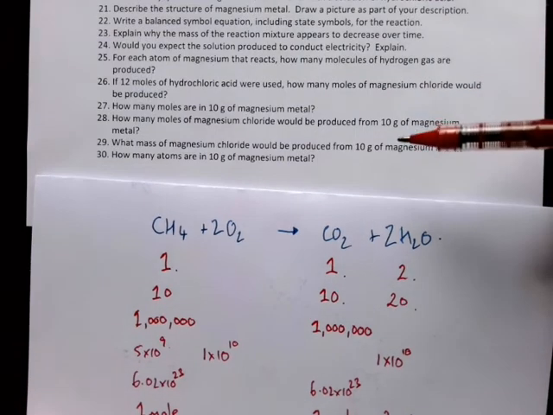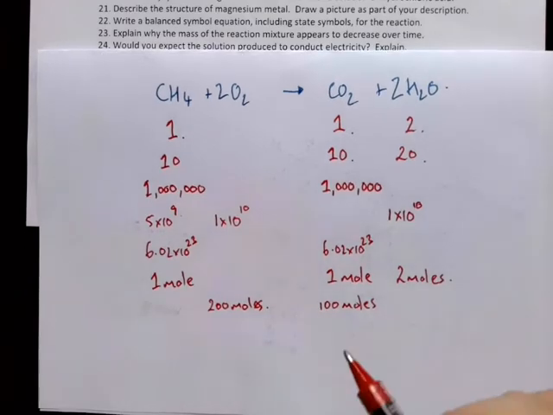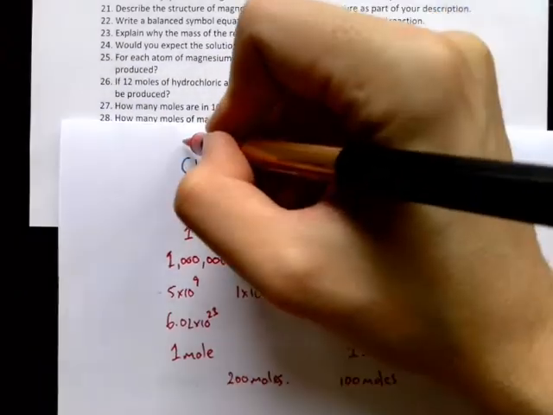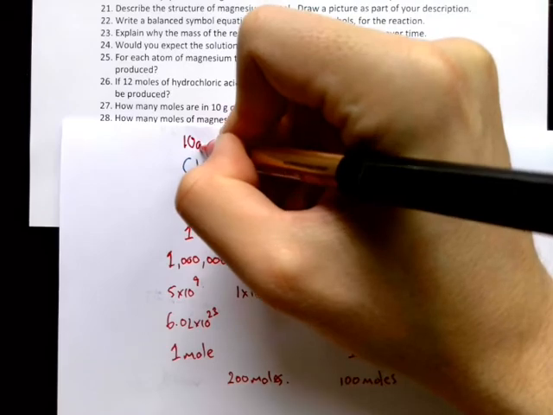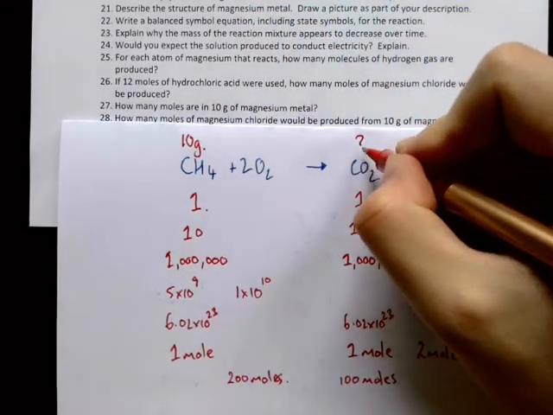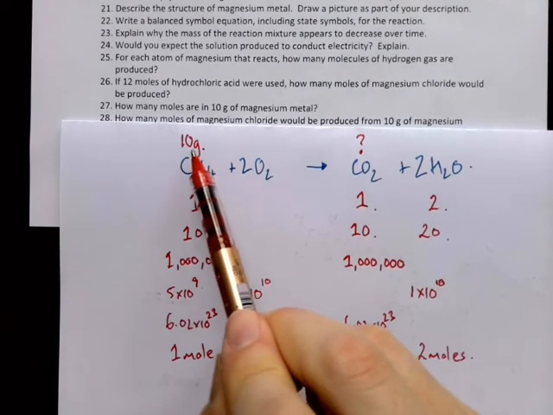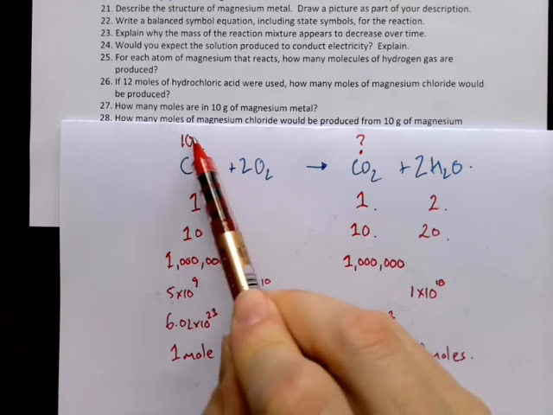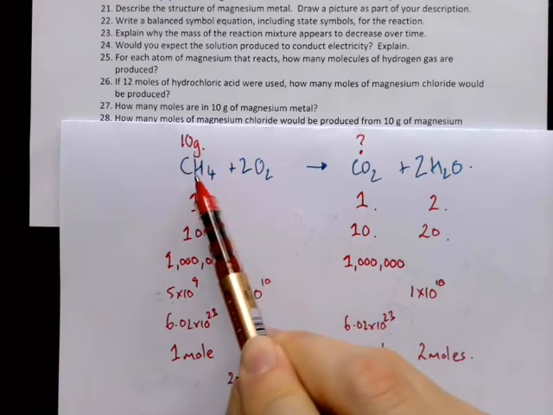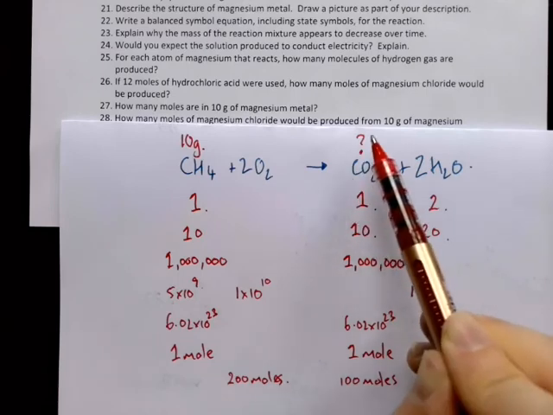All right. So don't worry about that too much. All I'm doing is I'm saying, well, let's say I start with 10 grams of methane. How many grams of carbon dioxide do I make? Well, all I need to do is work out how many moles there are in methane, and that will be the same number of moles in carbon dioxide.